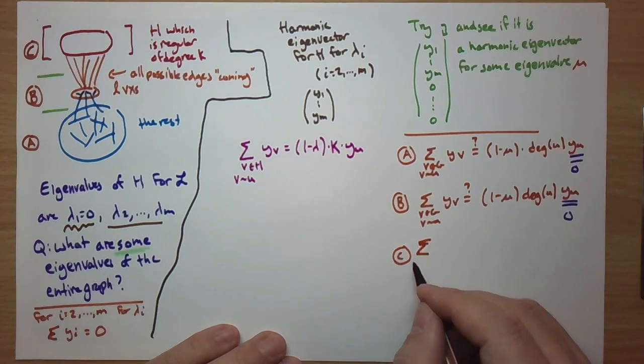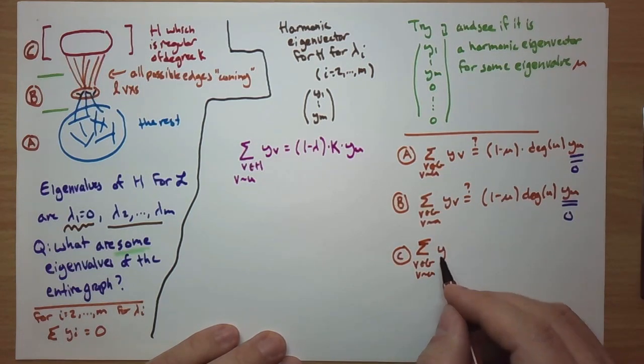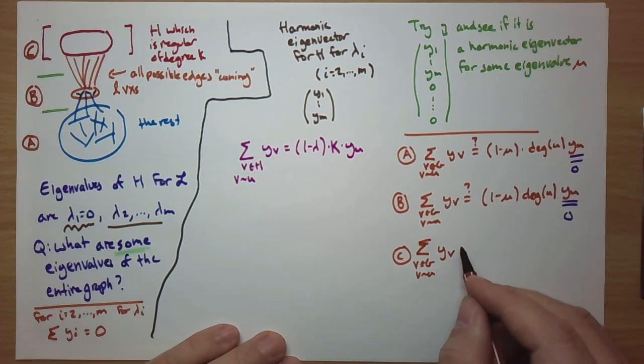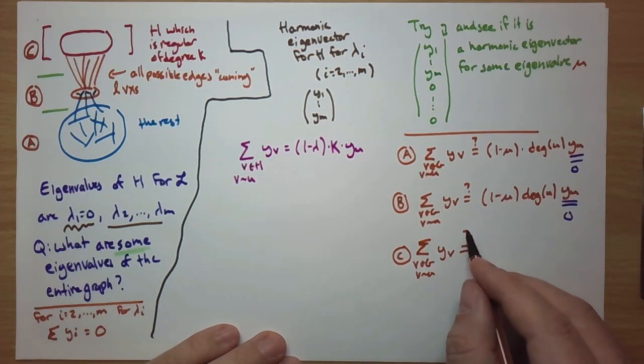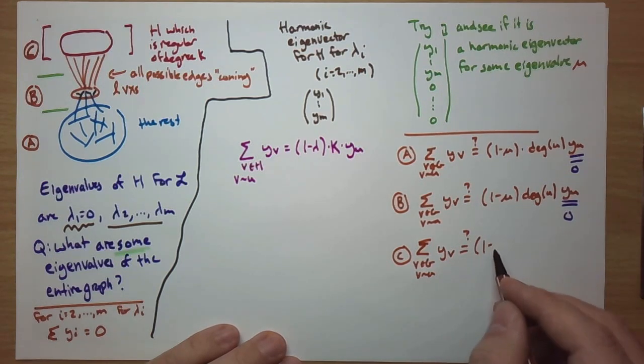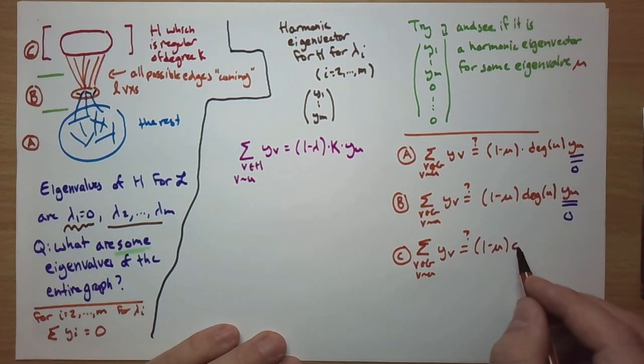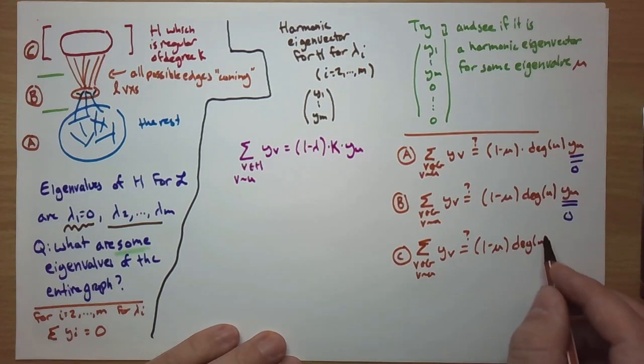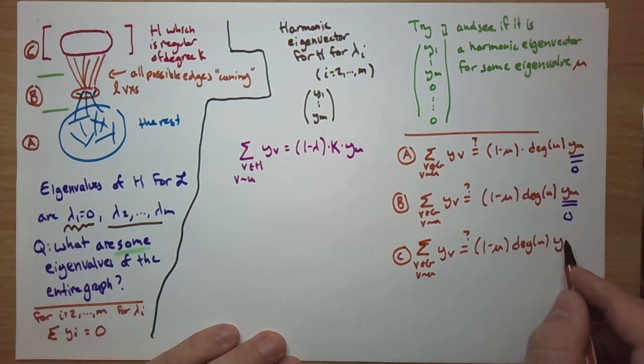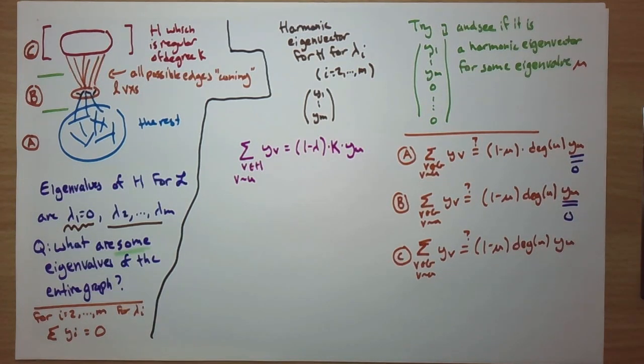So we have our sum over all vertices v next to u of yv, and this is supposed to equal, of course, 1 minus mu, times our degree of u, times y sub u.